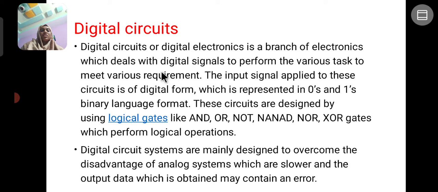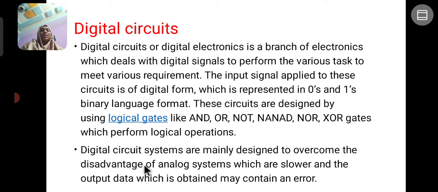Digital circuits are mainly based on digits like zeros and ones. The input signal applied to these circuits is of digital form, which is represented in ones and zeros, a binary language format.